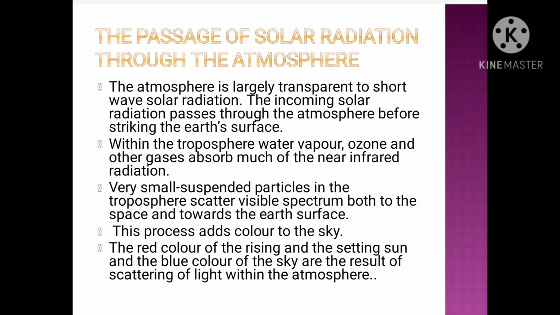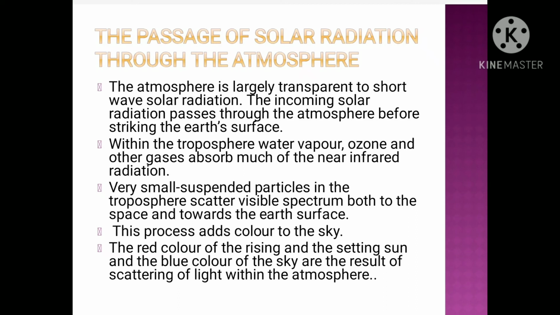Very small suspended particles in the troposphere scatter the visible spectrum both to the space and to the surface of the Earth. This process adds color to the sky. The red color of the rising and setting sun and the blue color of the sky are the result of scattering of light within the atmosphere.